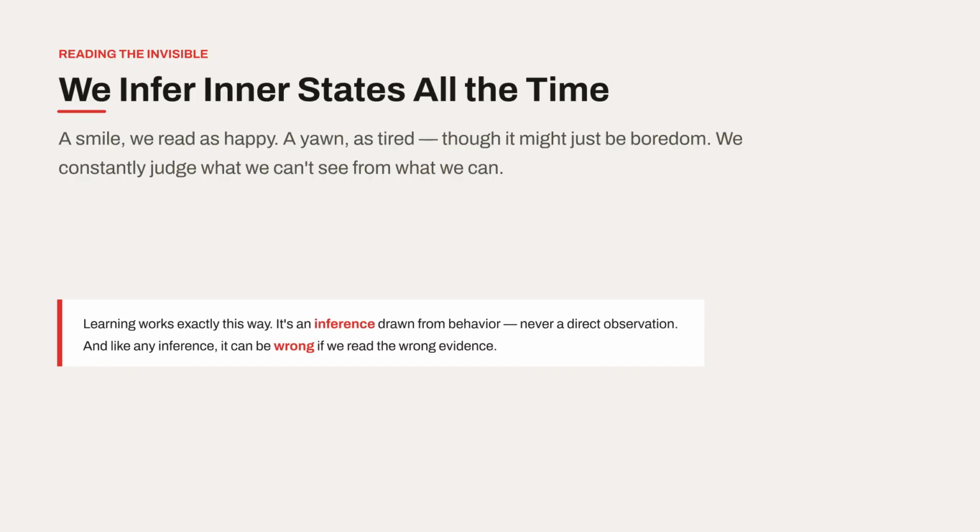We observe performance, the behavior, and from it we deduce something about an internal capability we cannot see. And just like reading a yawn, our inference about learning can be mistaken if we're looking at the wrong evidence or looking under the wrong conditions. That vulnerability to error is precisely why we need careful, well-designed assessment methods rather than just casual observation.